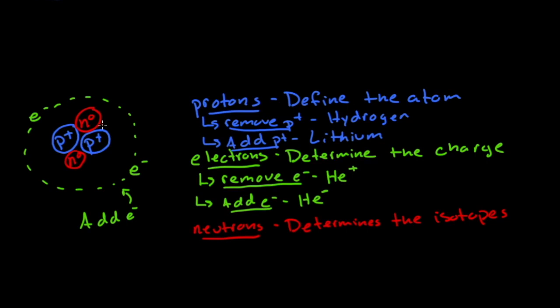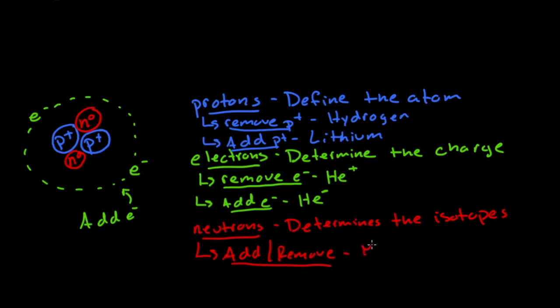And so if I add or remove this neutron, it's not going to change the element, because the element will still have the same number of protons. But what this does do is it changes the atomic mass of that atom. So we'll say that if we add or remove a neutron, it will change something called the mass number.